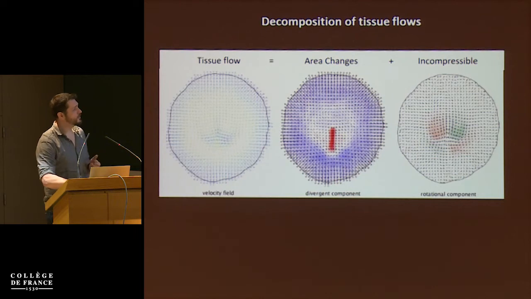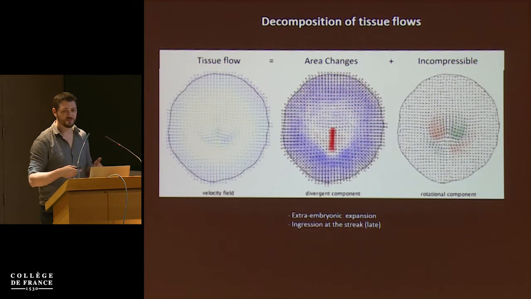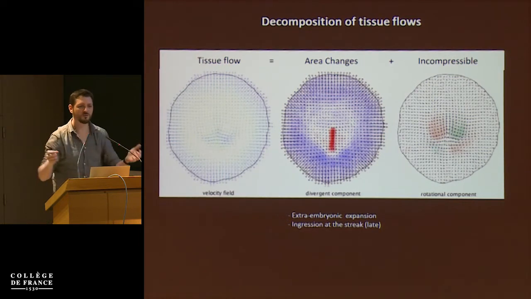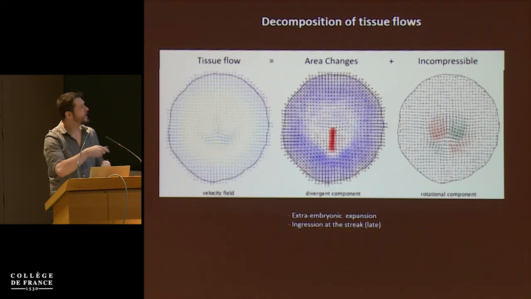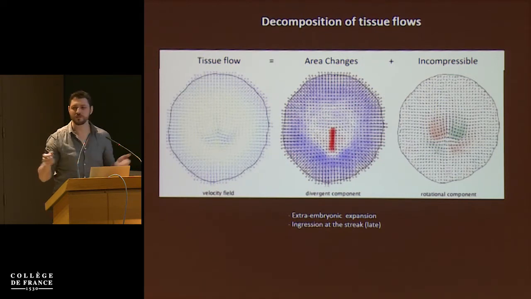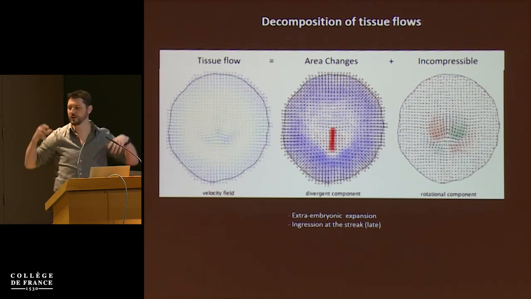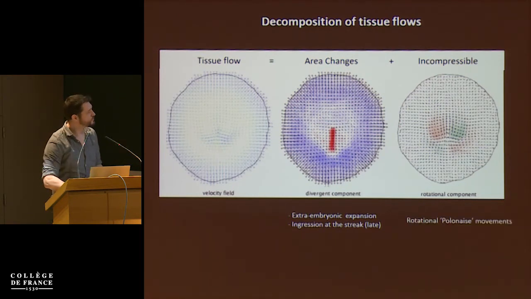You can already see from this slide that the area changes nicely explain how the mesoderm ingresses and disappears out of the plane of the epithelium, and also that the extraembryonic tissue is undergoing major expansion mostly. Whereas these area changes certainly do not explain how you get this rotational movement taking place within the embryo.